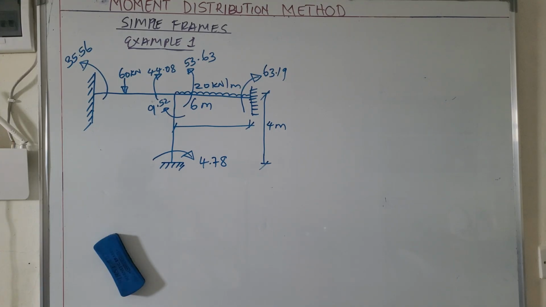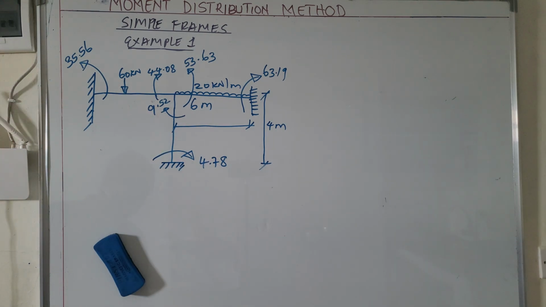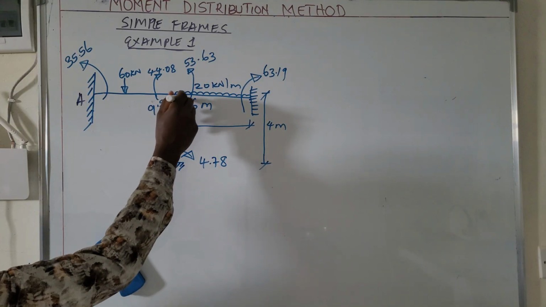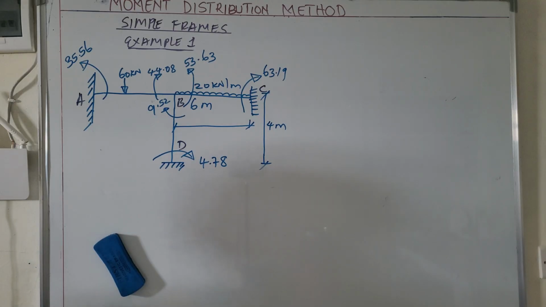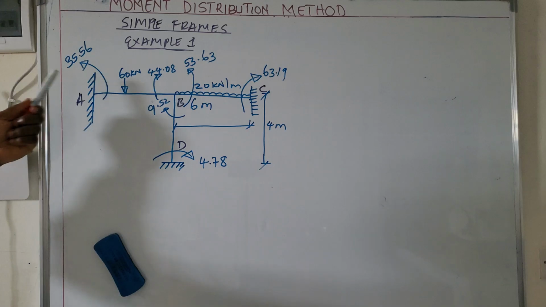Let's now indicate our final moment we have calculated on our simple frame. So we had that 35.56, that was moment AB. So this is joint A, B, C, D. So our AB was negative 35.56.